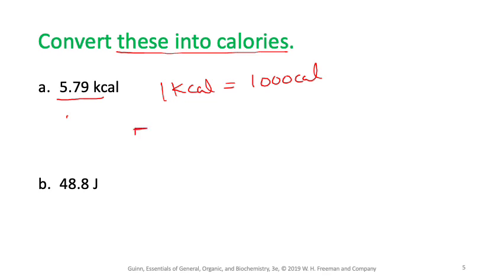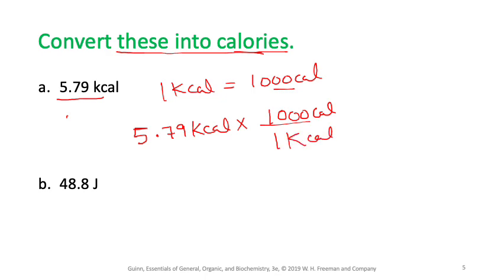So how can we solve this one? I can say it's 5.79 kilocalories, and we need calories in our answer, so this number has to be on the top: 1,000 small c, and then 1 kilocalorie. The kilocalorie is going to cancel out, and you will end up with 5.79 times 10 to the power 3 small calories.